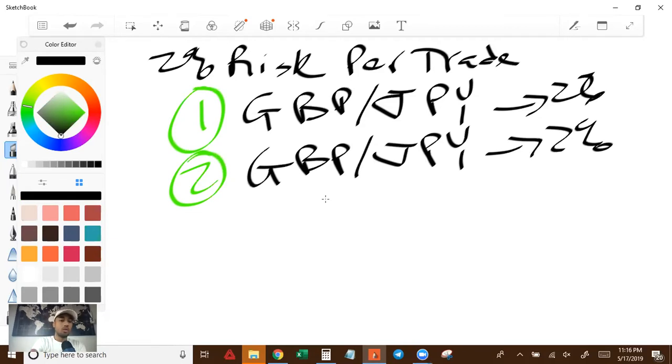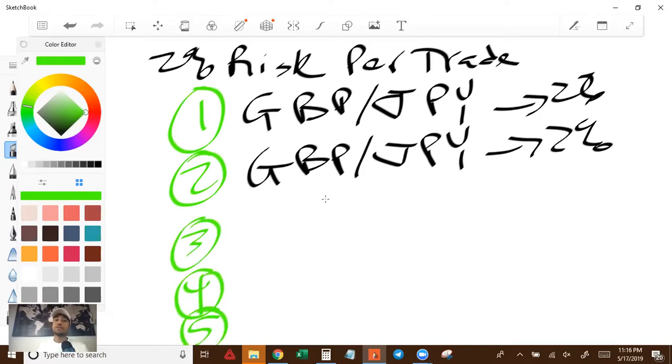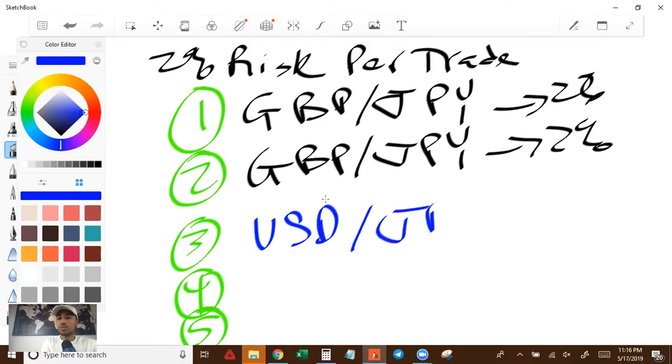So the next thing is no more than 2 running at the same time, same thing, and no more than 5 trades running, period. So you already have 2 on GBPJPY. Let's say you feel comfortable going for another trade on USDJPY as well.